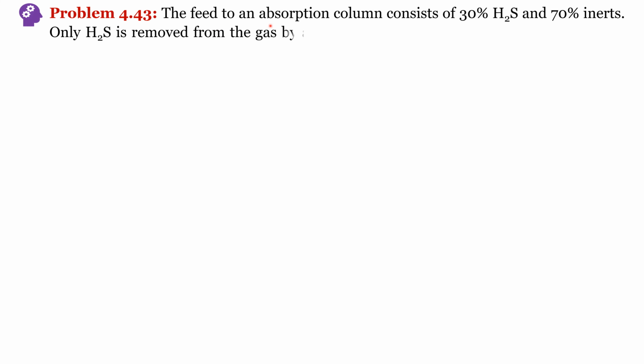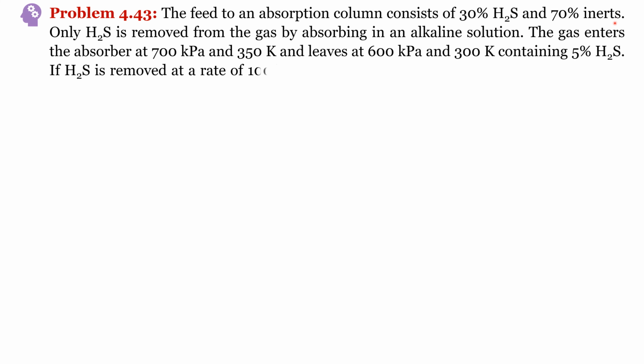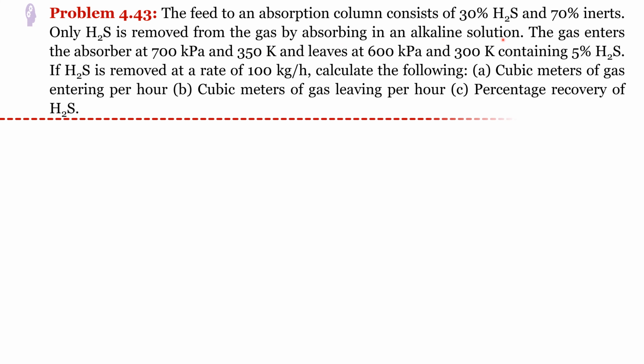Problem number 4.43. The feed to an absorption column consists of 30% H2S and the rest is inerts. Only H2S is removed from the gas by absorbing in an alkaline solution.